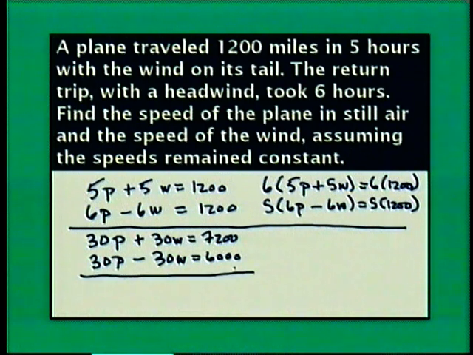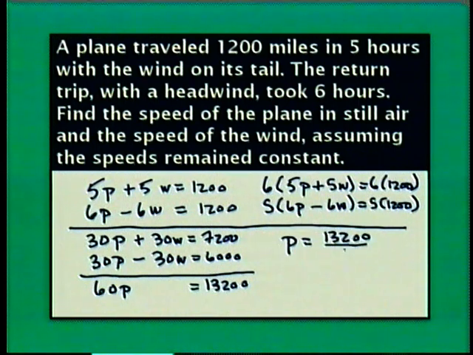Adding the two equations, we eliminate W, and we end up with 60P equals 13,200. So P equals the quotient of 13,200 over 60. That's the same as 6 going into 1,320. So 6 goes into 13 twice with 1 left over. 6 goes into 12 twice, and I've got another 0.